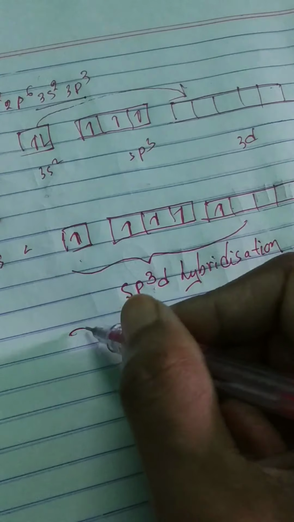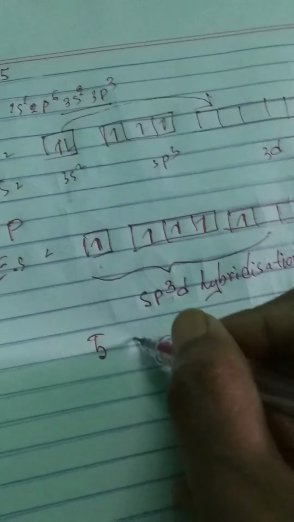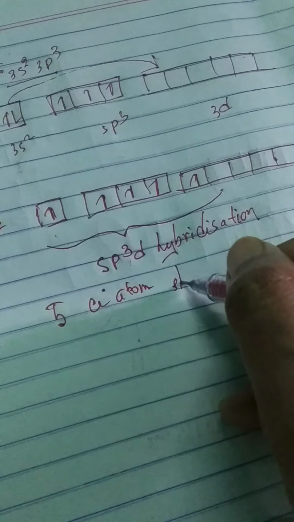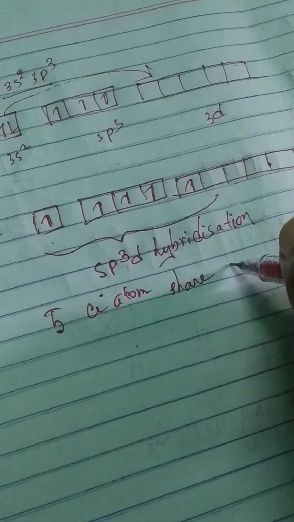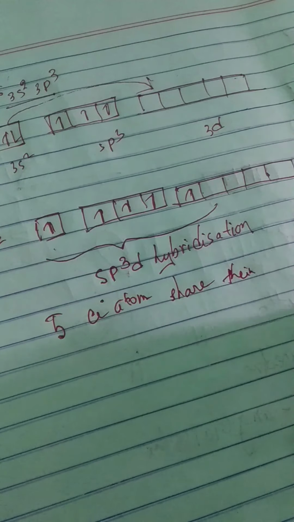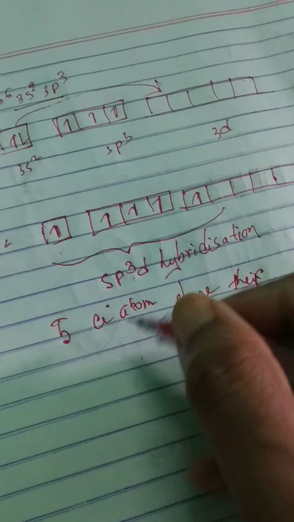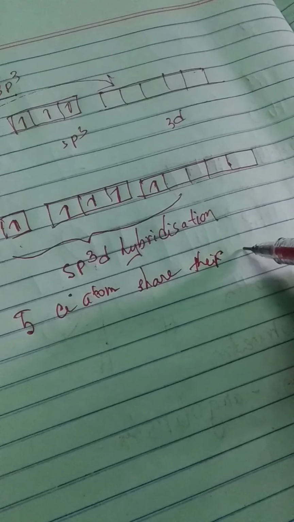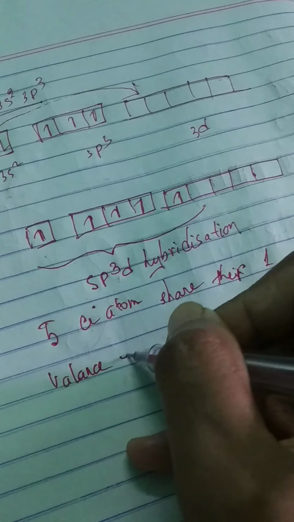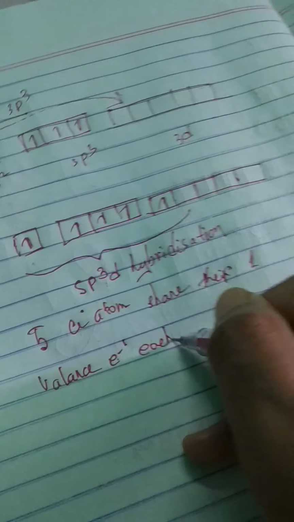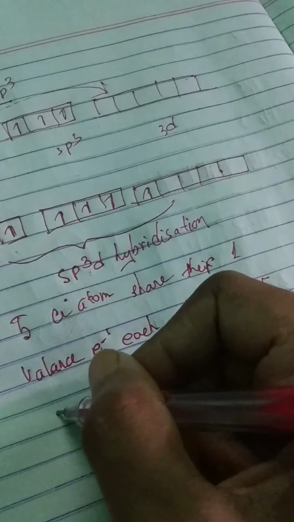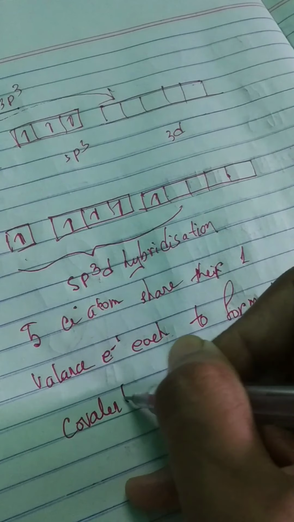And what will happen? 5 chlorine atoms will share 1 valence electron each to form 5 covalent bonds.